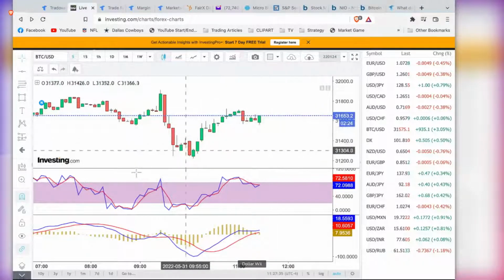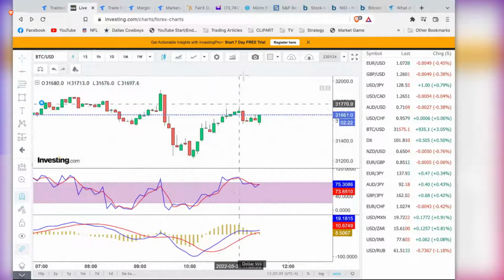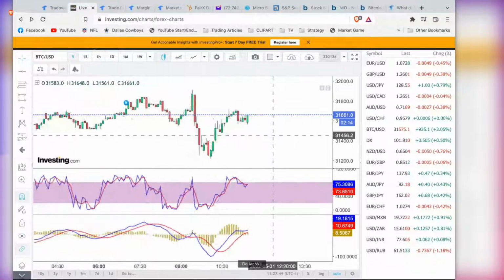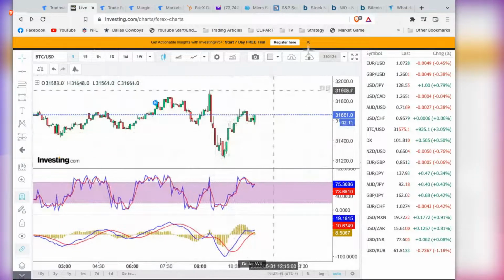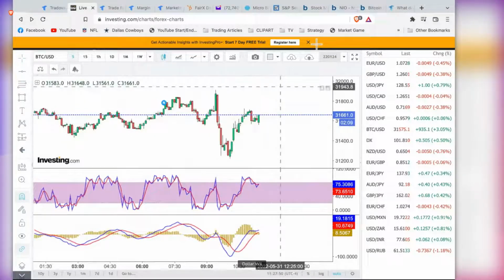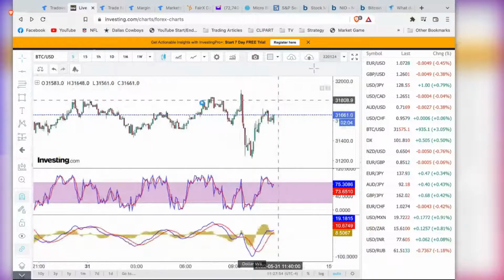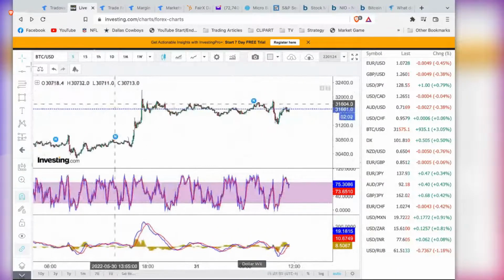So because this leg was bigger, this thing is likely to come down a little more. We could get another push. But it doesn't look like it's going to threaten this.